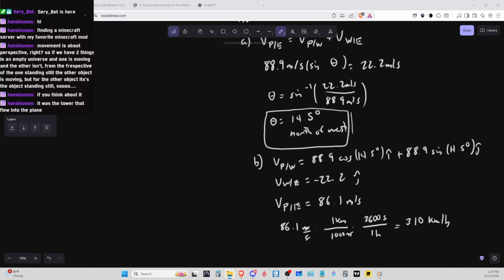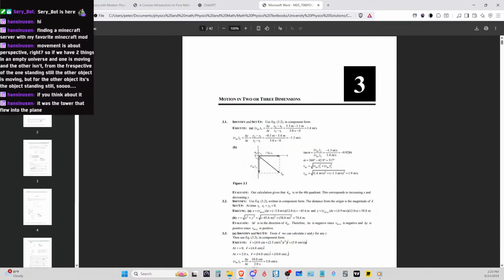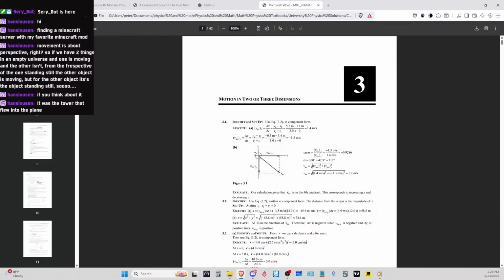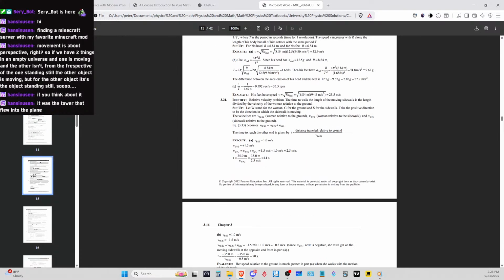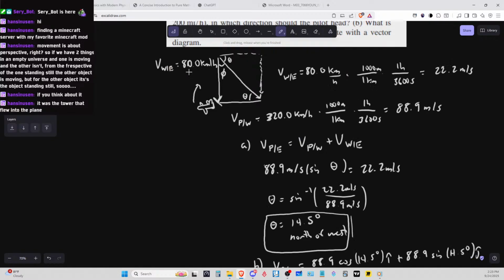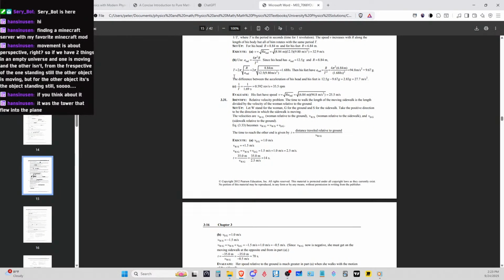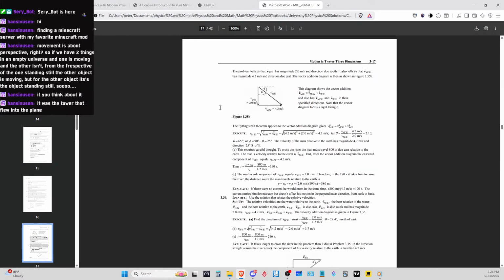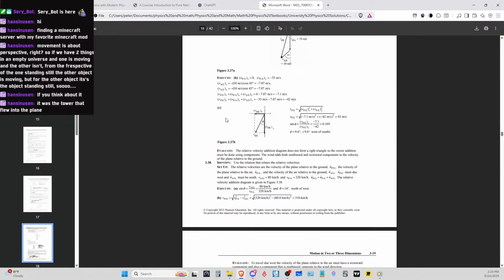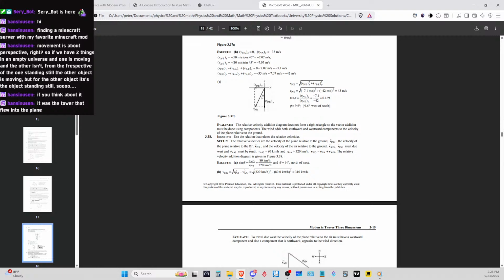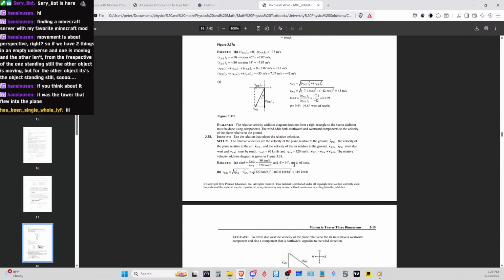This is chapter 3, I believe. So we gotta go all the way down to problem number 38. I mean, hopefully we get this right. If not, then I still have a lot of work to do. Okay, here we go. So let's see here.